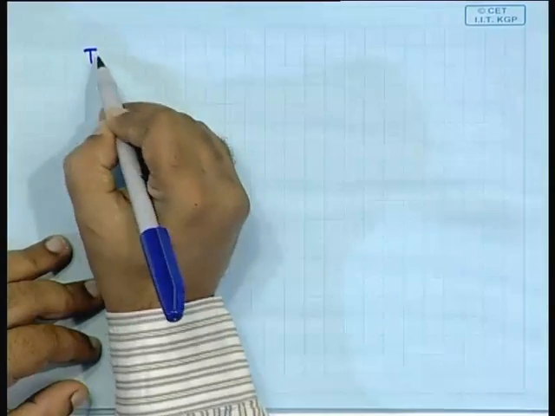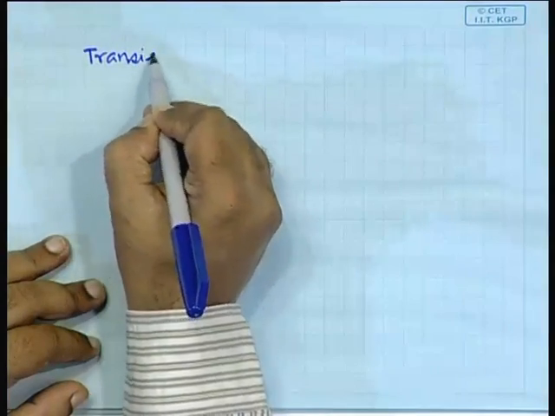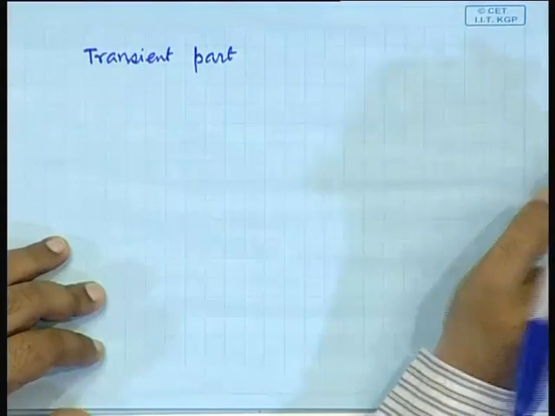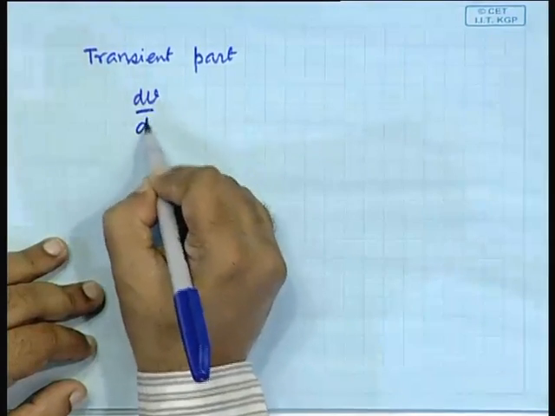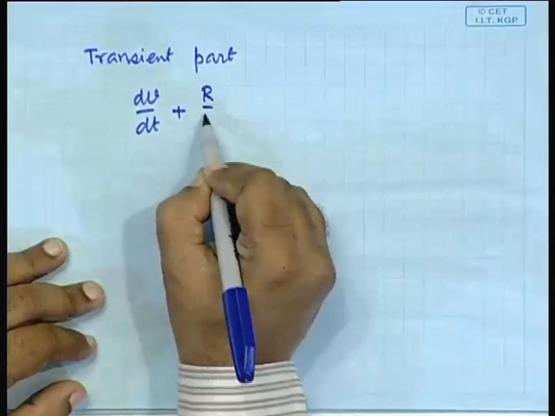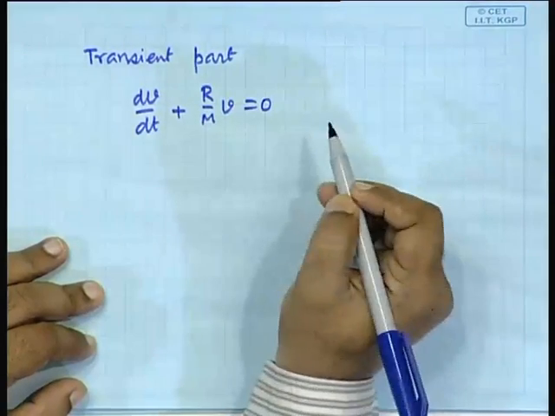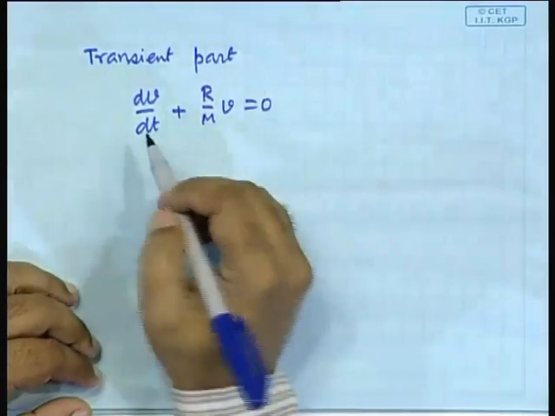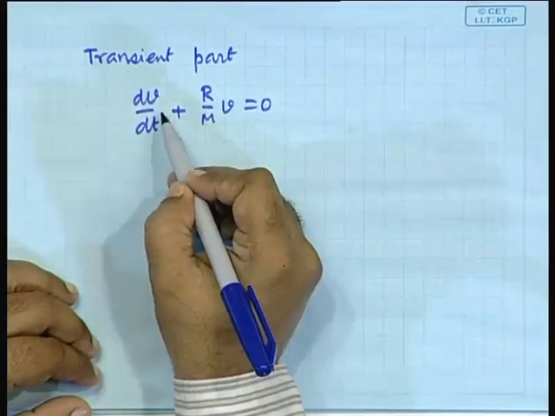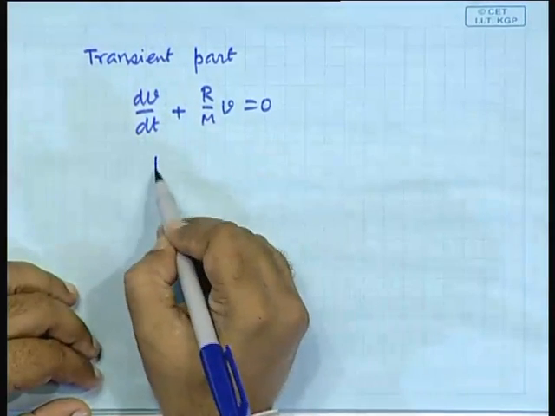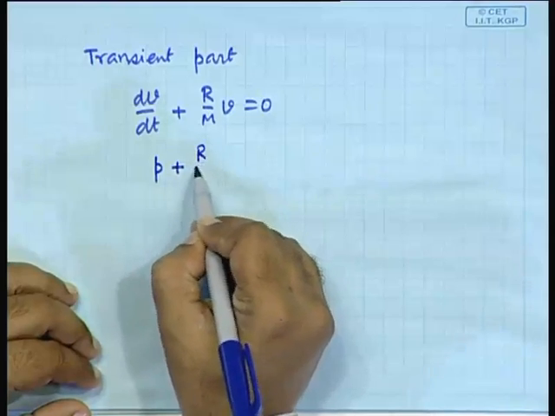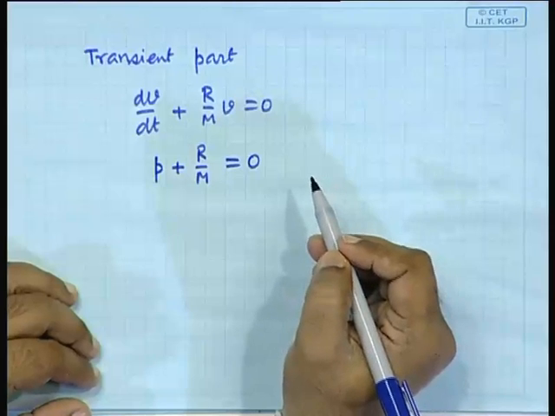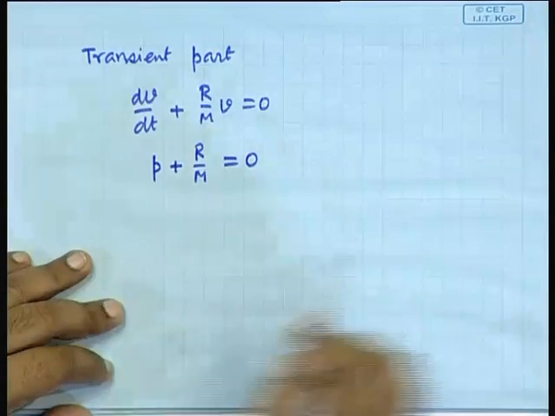For the transient part, you have to take dv/dt plus r by m v is equal to 0. What is the characteristic equation? We write d/dt as p. So, p plus r by m is equal to 0. That is how we wrote it.